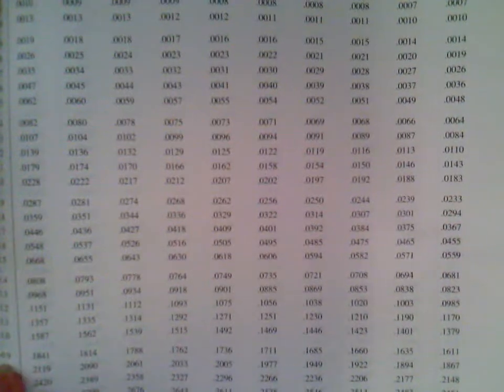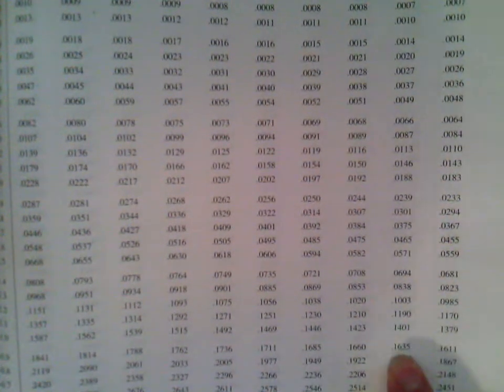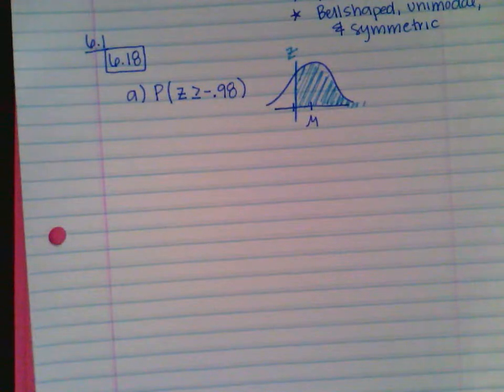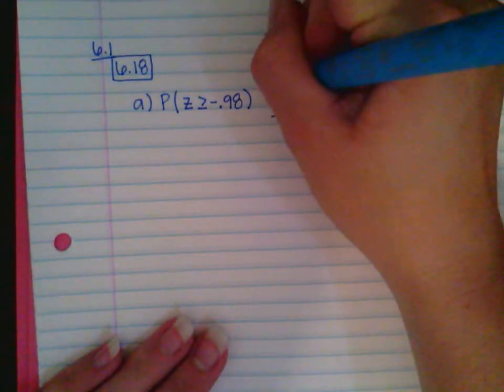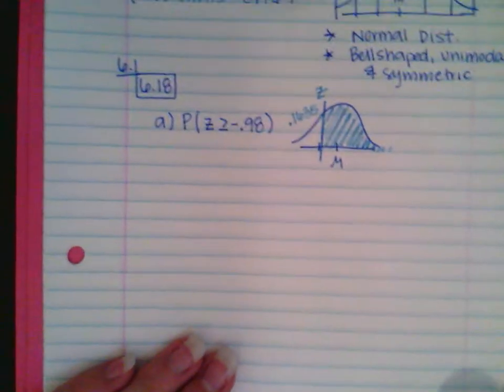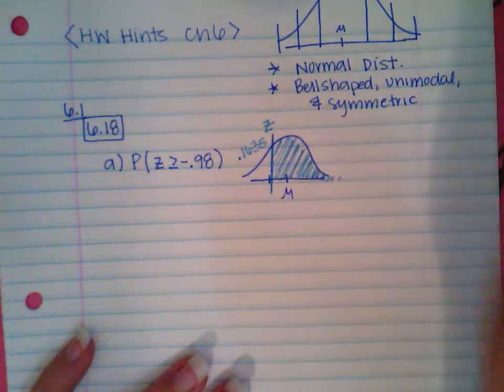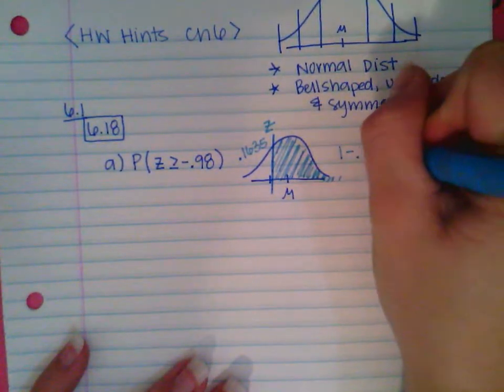So when I go to -0.9 and then over to 8, I get 0.1635. But that's always this left side distribution. That's not the side that I want to answer this question. I want the complement. So to find my answer, I'm going to do 1 minus.